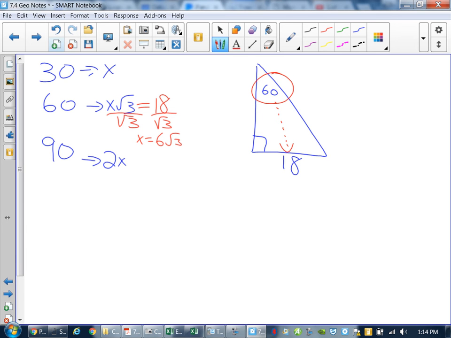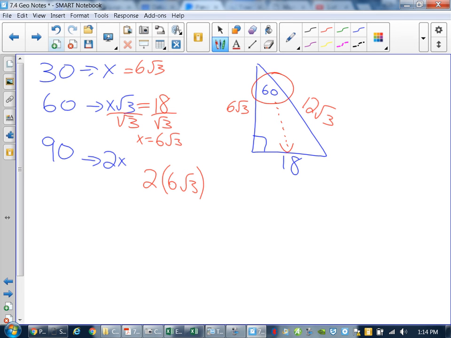So if that is the value of x, everywhere I see an x, what do I put? 6 root 3. So across from the 30 is going to be 6 root 3. Across from the 90 is going to be 2 times 6 root 3. Well, what's 2 times 6 root 3? 12 root 3. And there you go.